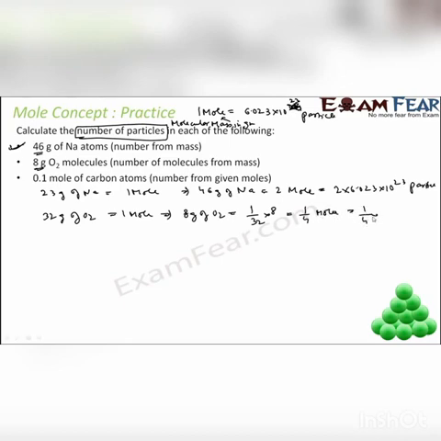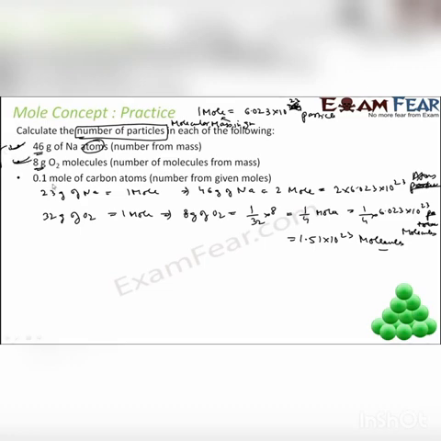And 1 by 4 moles is nothing but 1 by 4 into 6.023 into 10 to the power 23 particles. This is molecules, so I can write molecules directly. You solve this, you get 1.51 into 10 to the power 23 molecules. You can write particles, the general word, or you can use molecules. Here it was atoms, so I can write atoms as well.